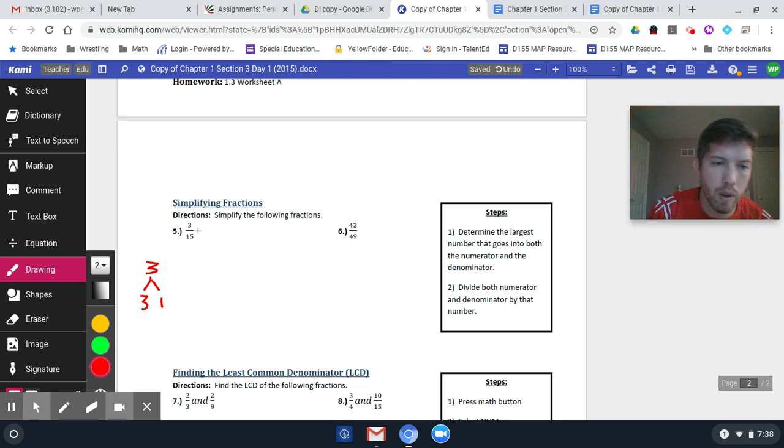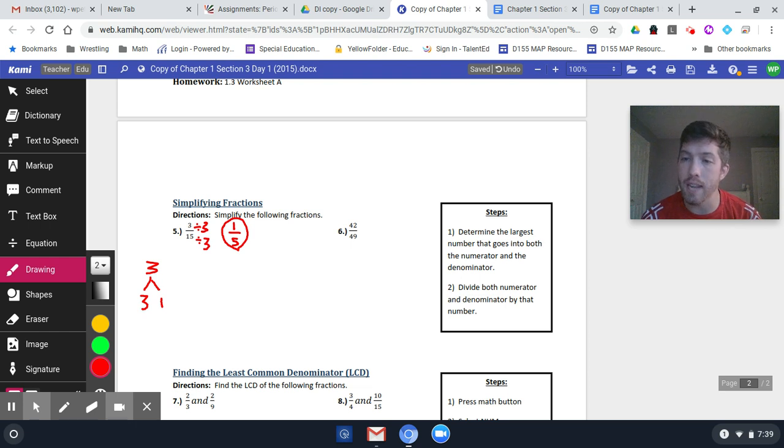All right, so if we were to divide the top by 3 and the bottom by 3, we would simplify this fraction. 3 divided by 3 is 1, and 15 divided by 3 is 5. So 3/15 and 1/5 are the exact same fraction.